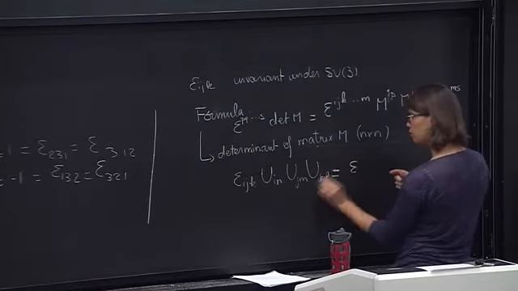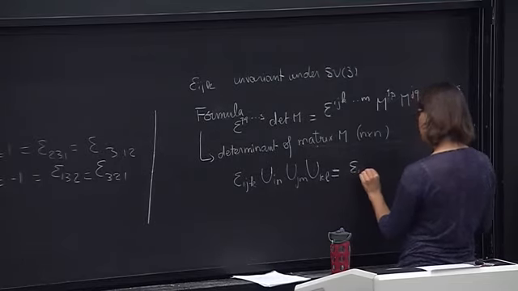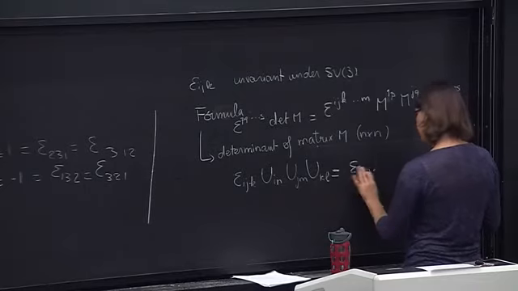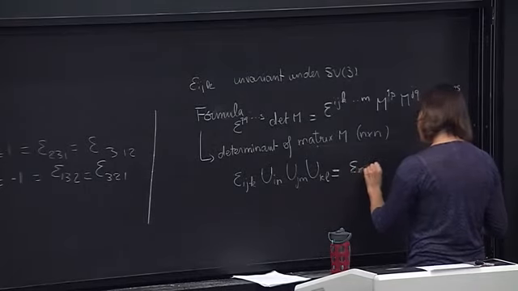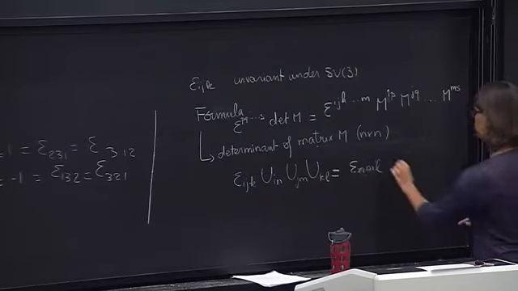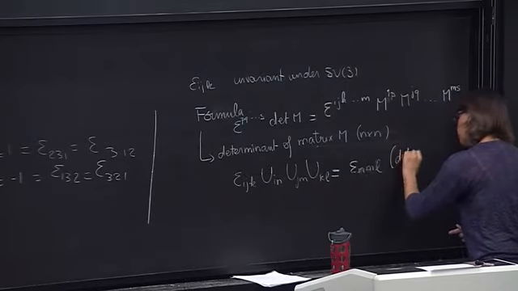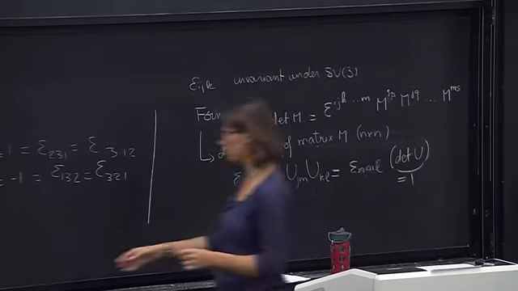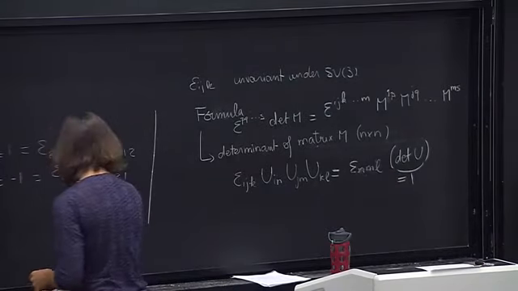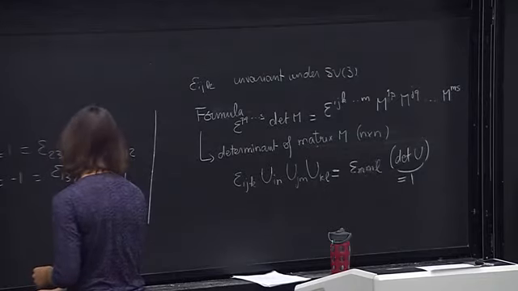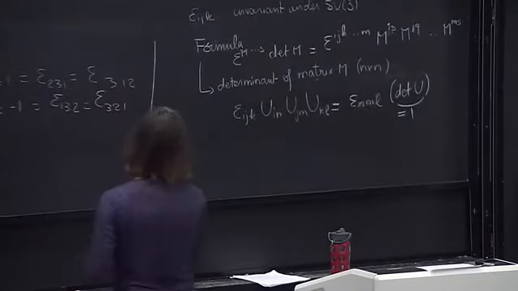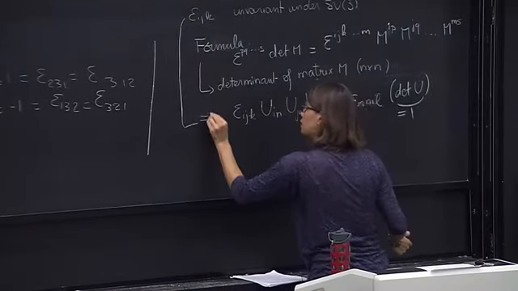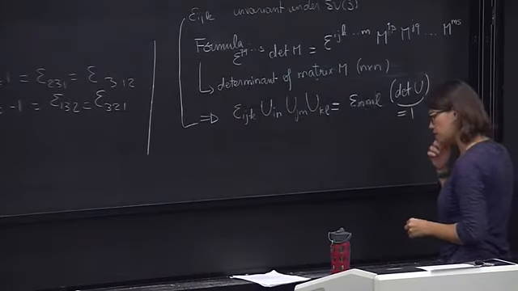And so this is equal to epsilon nml, because here we had the determinant of U in the expression, but this is 1, okay, because we are looking at a unitary matrix. So this indeed shows that epsilon ijk is invariant under SU3.